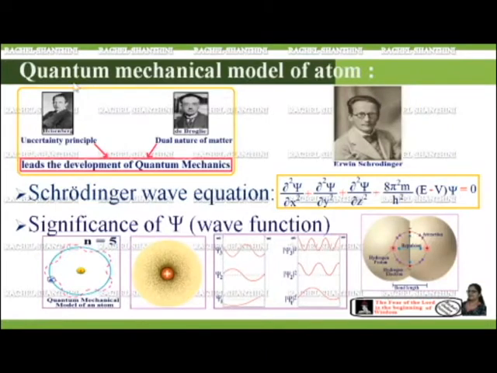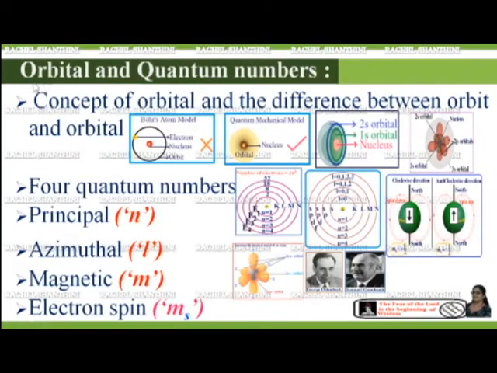In session 2.7, we have discussed quantum mechanical model of an atom. In that, we have discussed Schrödinger wave equation, significance of psi, the wave function. In session 2.8, we have discussed orbital and quantum numbers. We have discussed four quantum numbers: principal quantum number, azimuthal quantum number, magnetic quantum number, and electron spin quantum number.